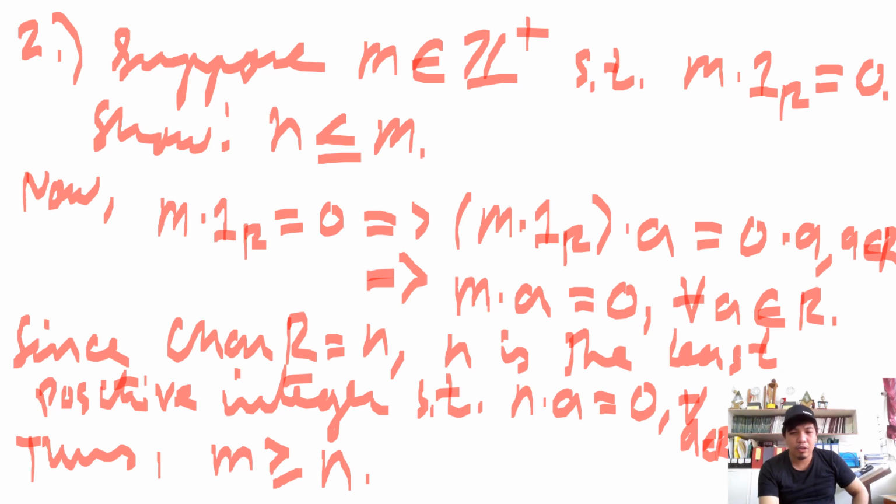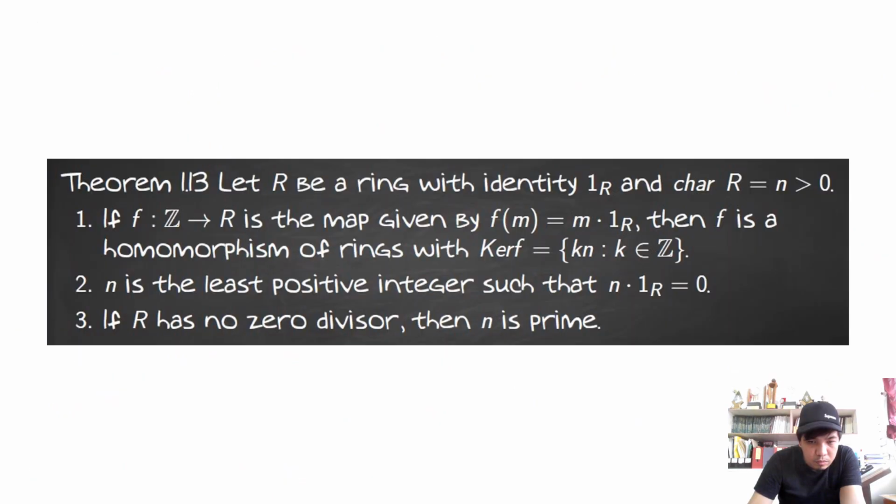Otherwise, the characteristic of r will no longer be n. So this inequality means that n is the least positive integer. So that completes the proof. Okay, so we are now done with the first two statements.